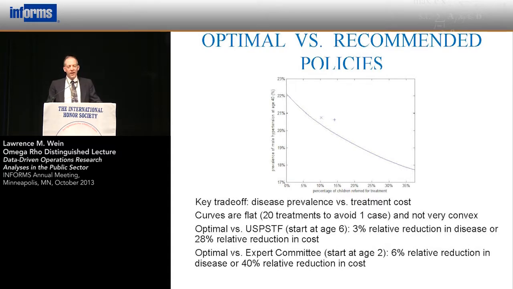Also, the improvements are really quite modest. So if you go down vertically, so if you keep the cost the same and see how much we can reduce disease prevalence, it's 3% on a relative basis, less than 1% on an absolute basis. If we go horizontally to the left and say, okay, for the same health benefits, how much cheaper can we do it? It's a little bit bigger, 28%, but still.